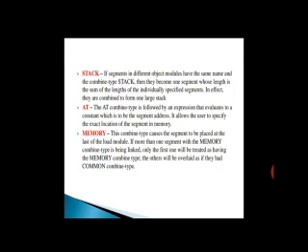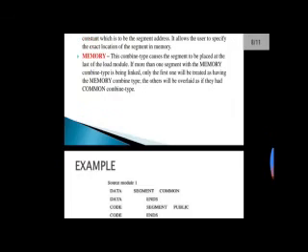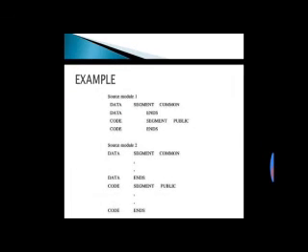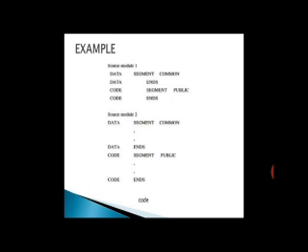Then we can see the example which illustrates the concept of public and common. See the example, it consists of two modules, source module 1 and source module 2. At first, data and code segments are represented as common and public. And module 2 also has data and code segment addresses. They are also represented as common as well as public.